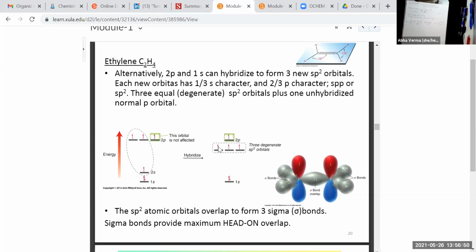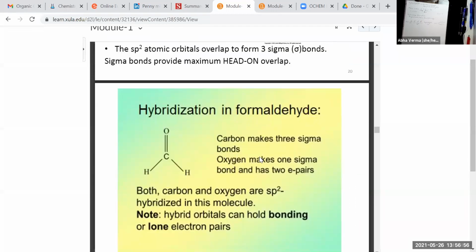So the 1 part s and 2 parts p. So sp2 out of the 100%, 66% p and 33% s.